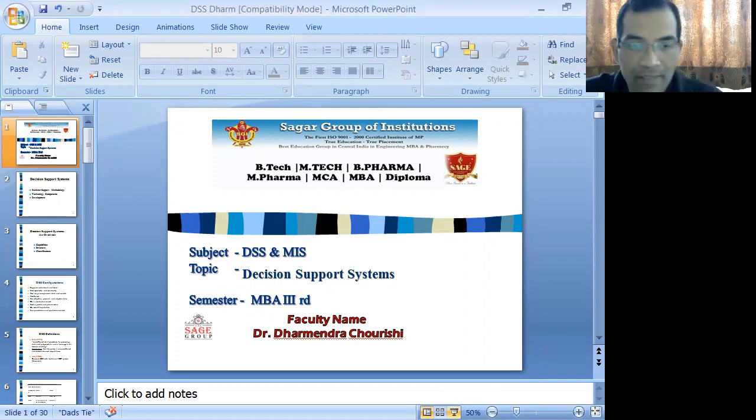Before we start, let me talk about the relationship between DSS and MIS. As we know, MIS is Management Information System, where information is presented in a structured way. For example, if you have some data, you can collect it, store it, and present it in a format that is easy to understand for your higher ups.